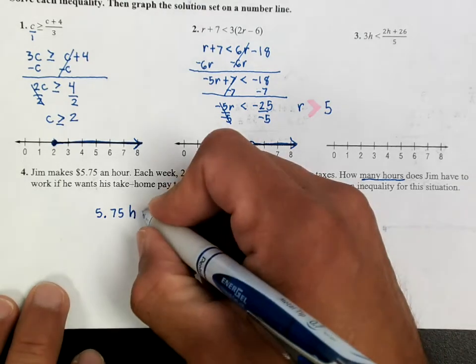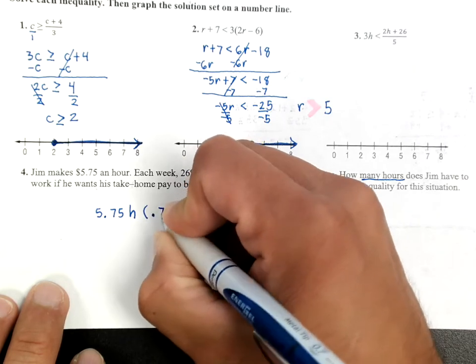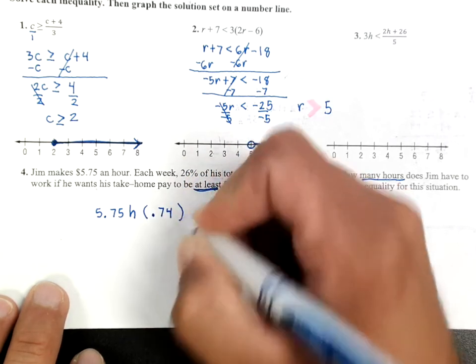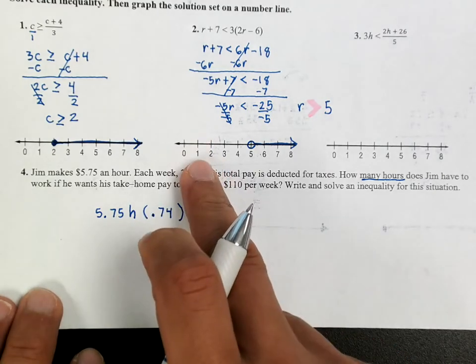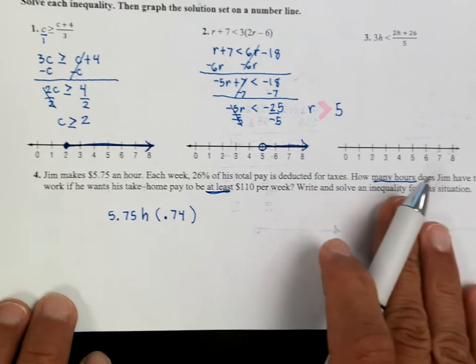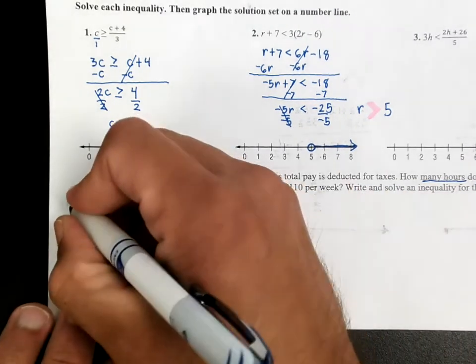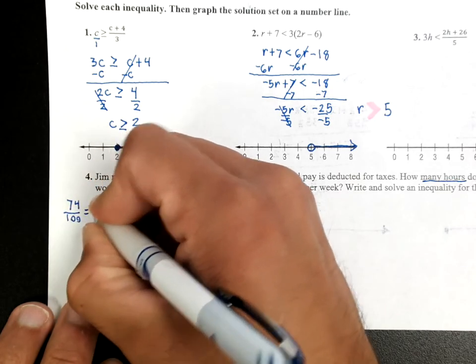So you have 74% of your paycheck that you're going to take home. The 26% is going to go to taxes. Now, notice that I wrote it as 0.74 because if you want to write 74% as a decimal, you need to divide by 100, which will give you 0.74.